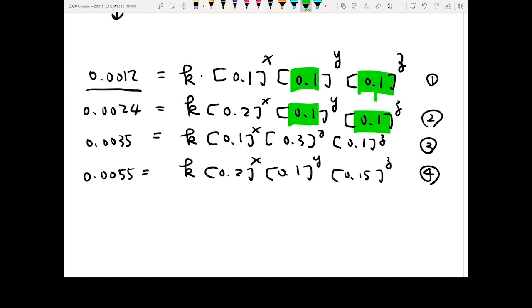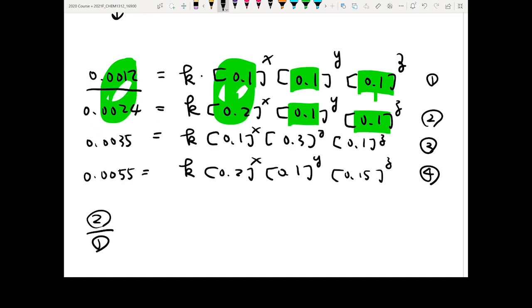The only thing that's different is actually what? Here and here. So what we are going to do is equation 2 divided by equation 1. On the left-hand side, you're going to get a number of 2. So this divided by that equals 2.